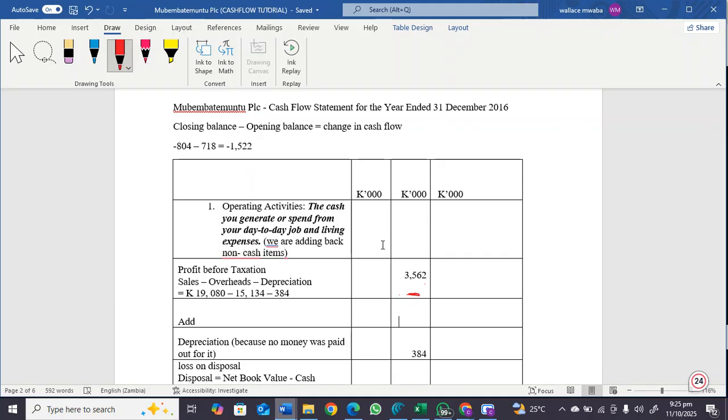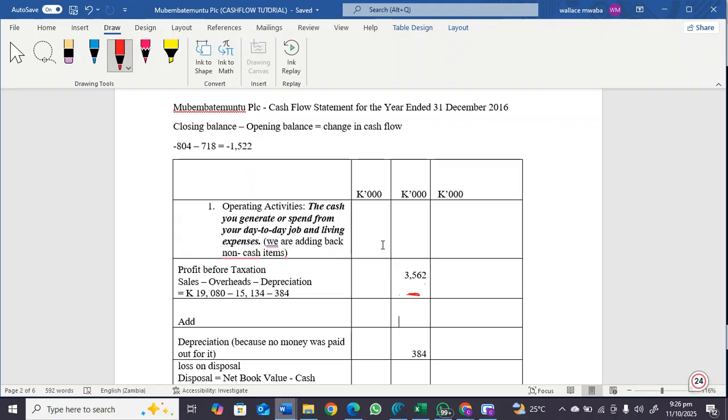Then I'll send a document which shows you every item that is put into this. I will send you that standard format, but also just pay attention to how I'm doing it. This is also the format you need to do it in.